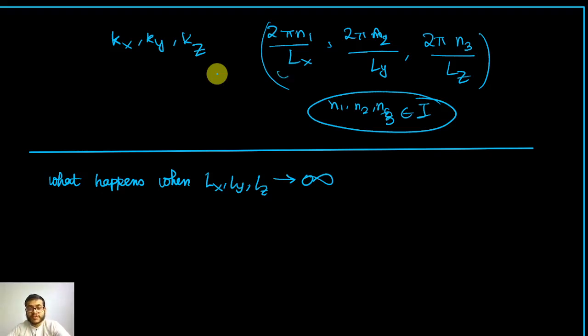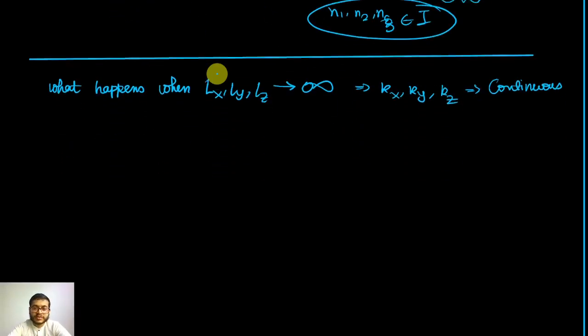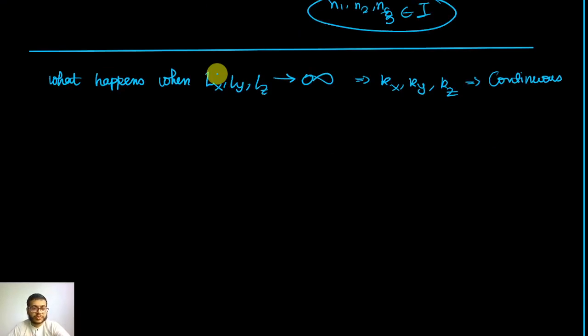So these numbers will become very, very small. That will make kx, ky, and kz nearly continuous.